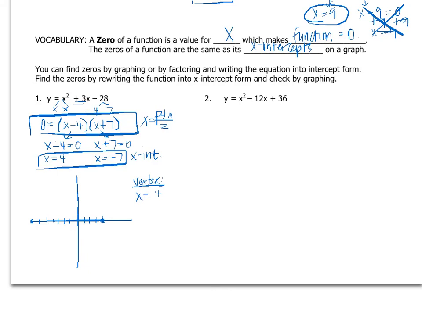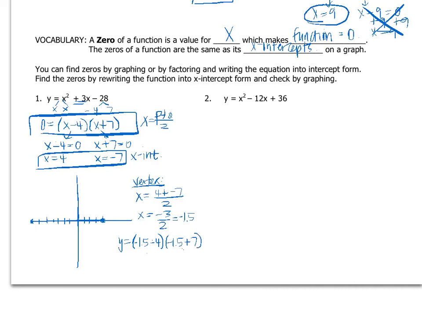I take 4 plus negative 7 and divide it by 2. 4 plus negative 7 is negative 3. Divide it by 2. If you like negative 1.5, that's fine too. In order to find the y-coordinate, I plug it back into my factored form, which I think is easier. So I say negative 1.5 minus 4 times negative 1.5 plus 7.